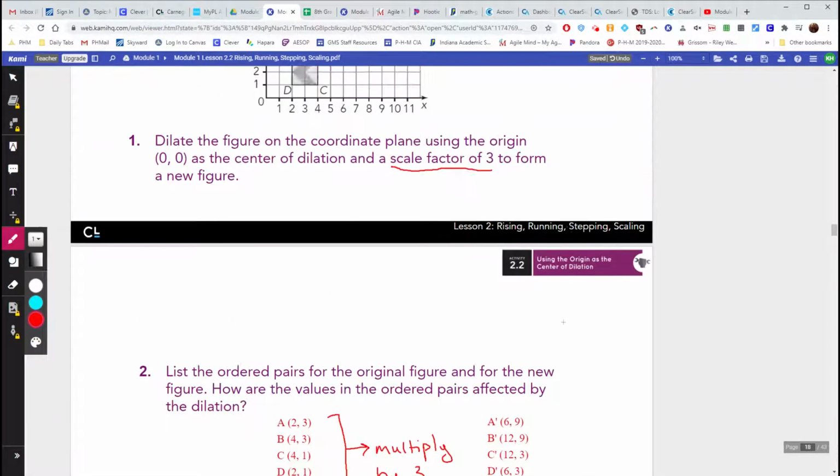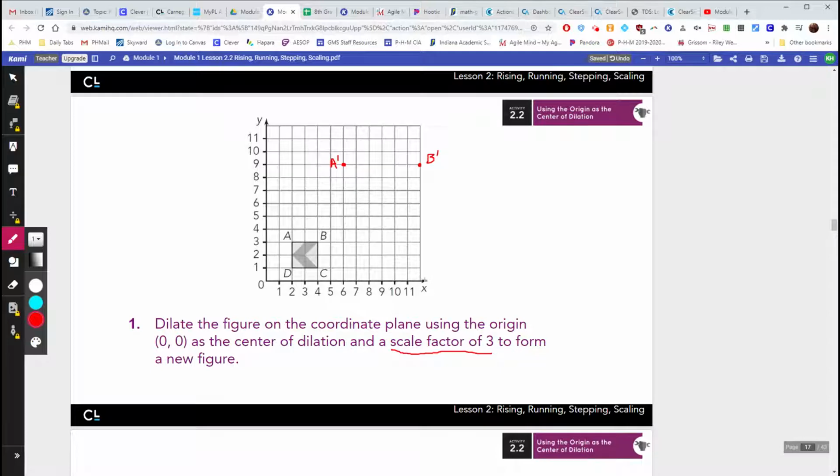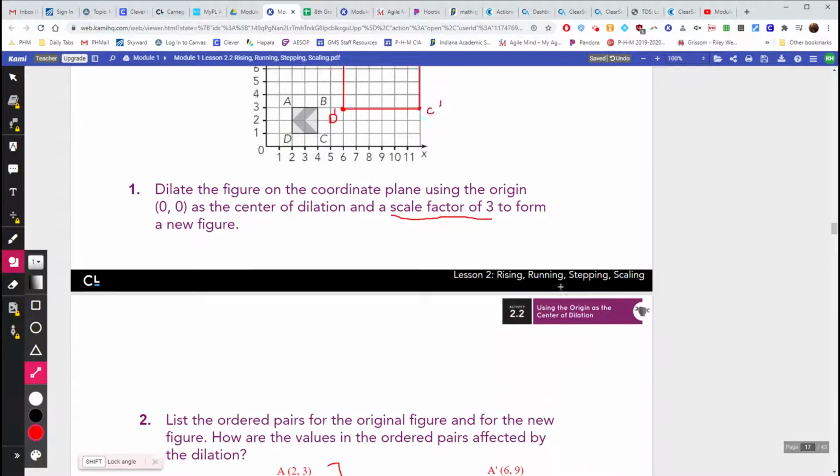C prime was at 12, 3, and D prime was at 6, 3. Go ahead and connect the sides. I'm just going to do the square, not the logo in the middle of it. And here is the image of that road sign after a dilation of 3.